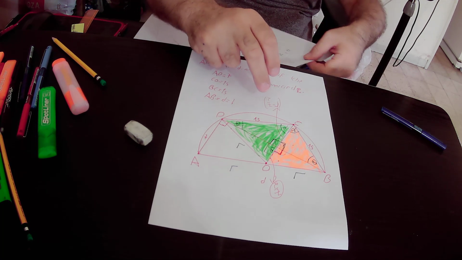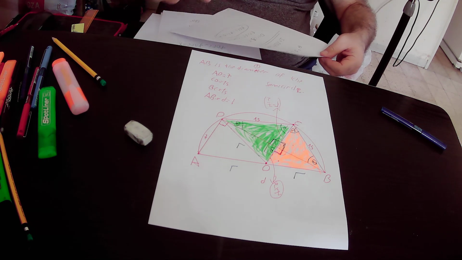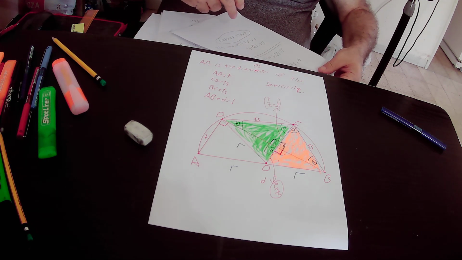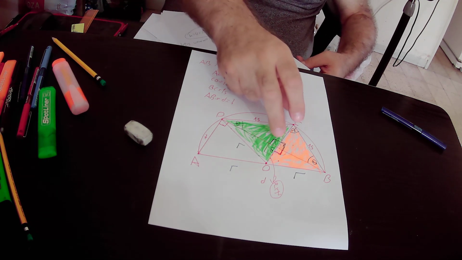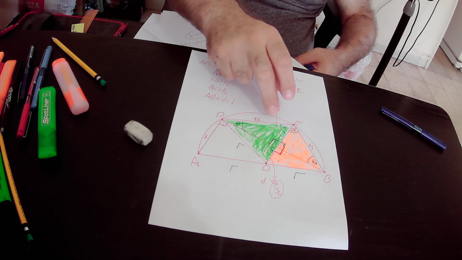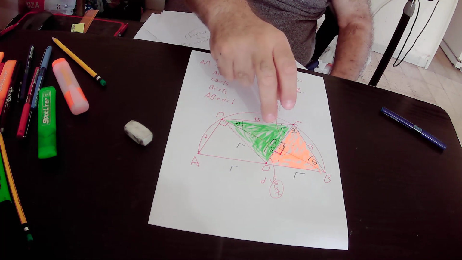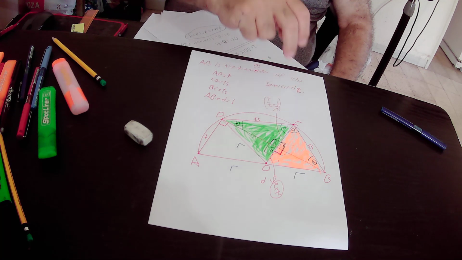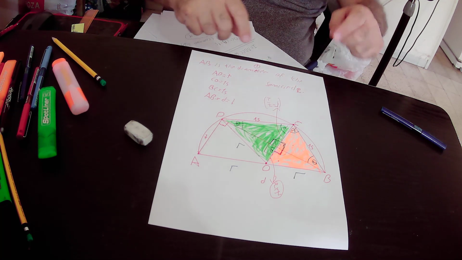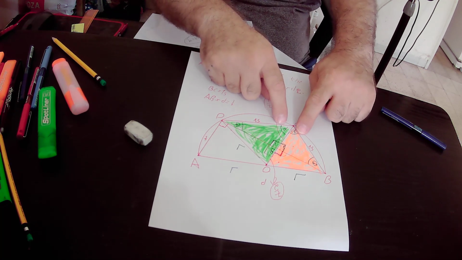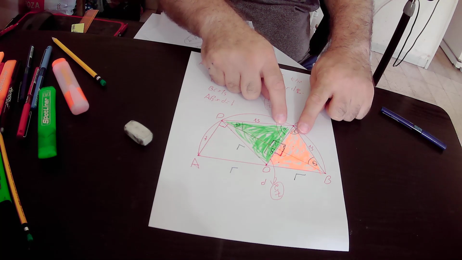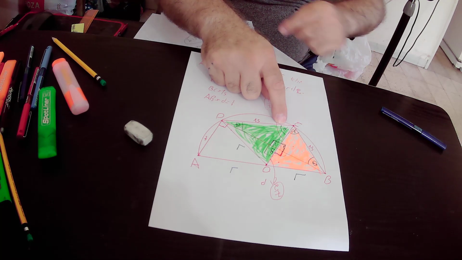Both of those sides are equal to 15 units. EC equals EC. It is a common side of those two triangles. And we also know that those two angles are equal to each other, equal to alpha.